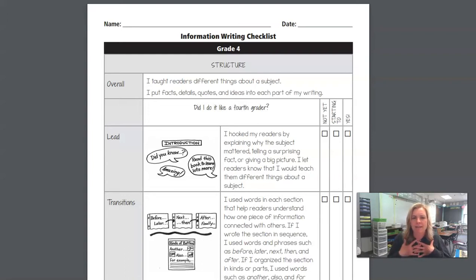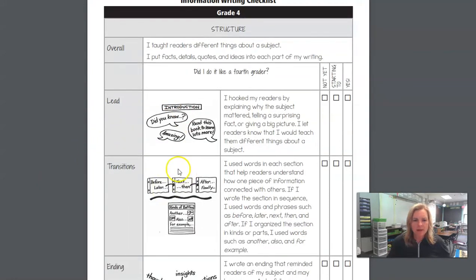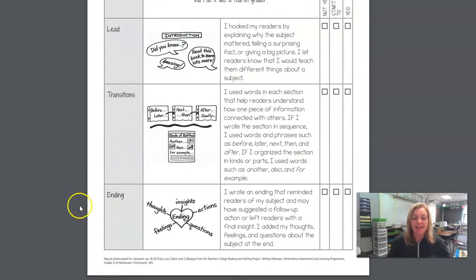And this is the information writing checklist, which is a little bit different than what you've seen. It's the same words, it just has pictures to it. So it has the lead, like we already talked about, and transitions, which we've already talked about. And now we're on this section right here about endings. And I like this little graphic right here, so that's why I chose to show you this informational checklist.